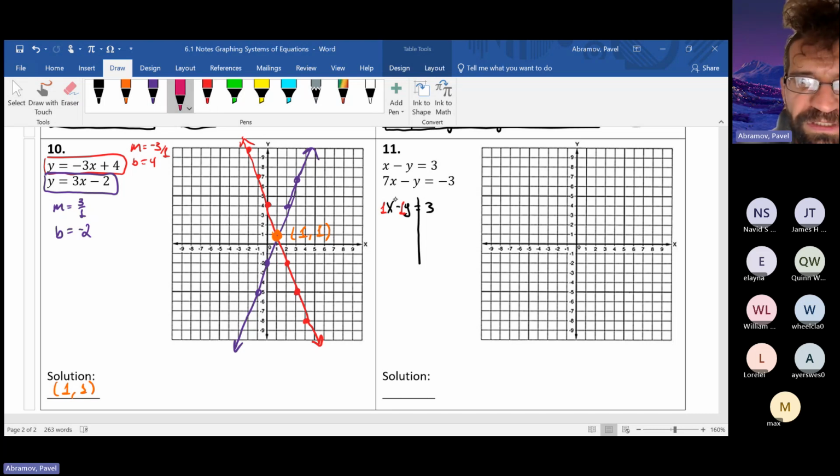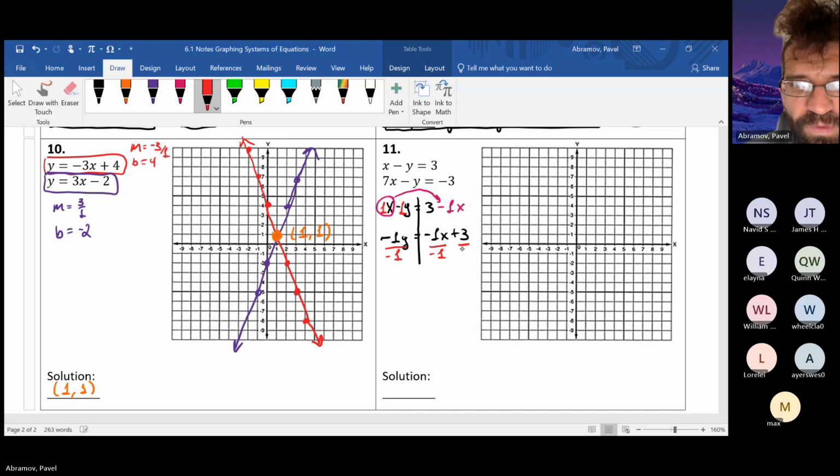And now when we're solving this for y, we're moving x over, and since it's positive x, we're subtracting 1x. Now don't lose your negative, so we have -1y equals -1x plus 3. And then we divide both sides by -1.